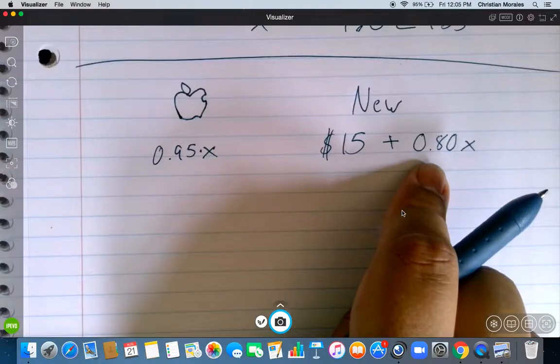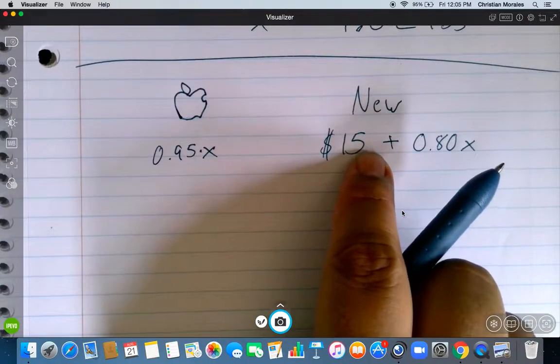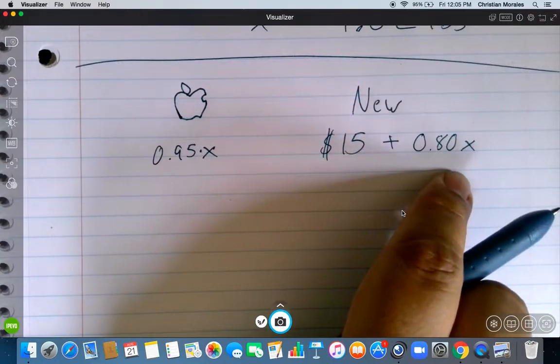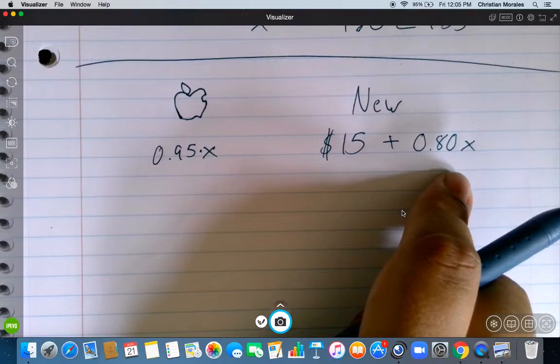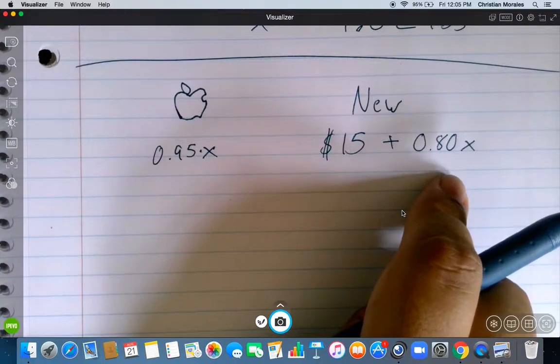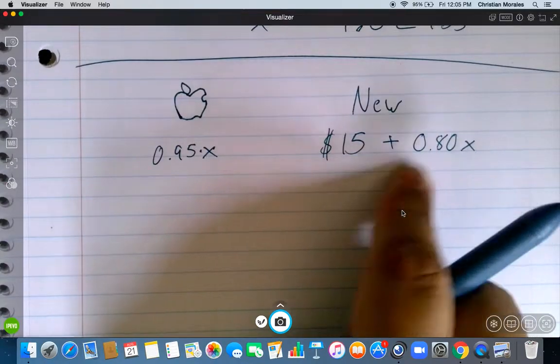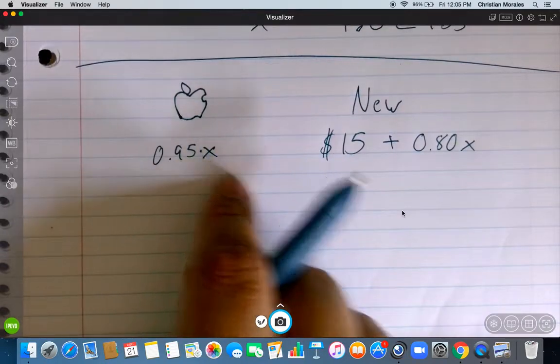Do I want to pay 15 bucks to get the songs cheaper? And the answer is, it depends. It depends on how often you're going to be buying songs versus just streaming the songs. Because if you're going to stream and you don't want to own it, this is worthless. You just go to Apple Music. But if you like to own the songs, then maybe it's something you want to consider.